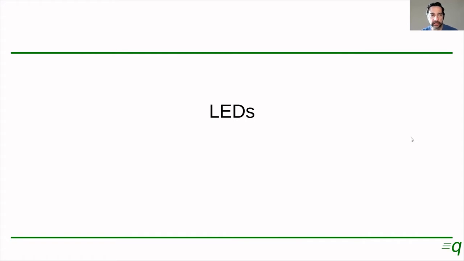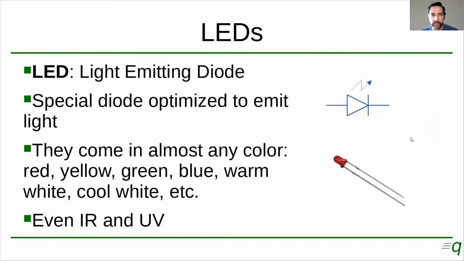Let's have a look now at LEDs. LEDs are light-emitting diodes. This is the symbol for it. This triangle with a bar here is the symbol for a diode that does not emit light. But those are kind of boring, and we're going to see those in a different class. Today we're focusing on LEDs.